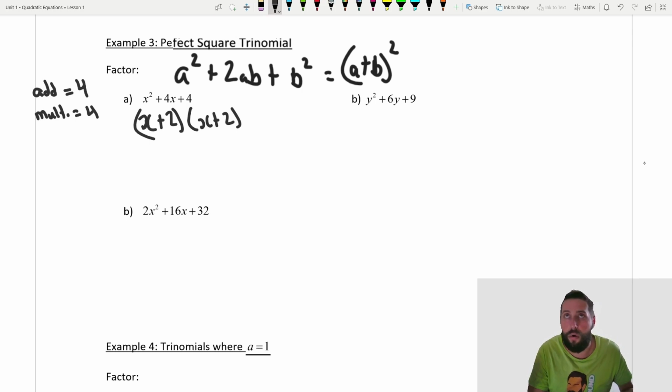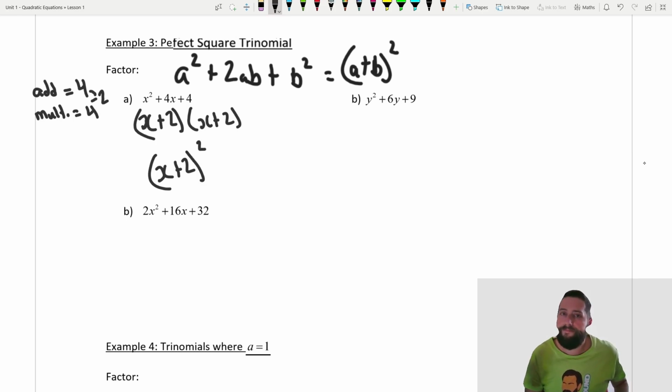So what are the factors of 4 that add to give you 4 and also multiply to give you 4? Well, in both cases, it's 2. So that's what you're going to use. So x plus 2, x plus 2. Well, since these are the same, we can rewrite it to be x plus 2 squared.